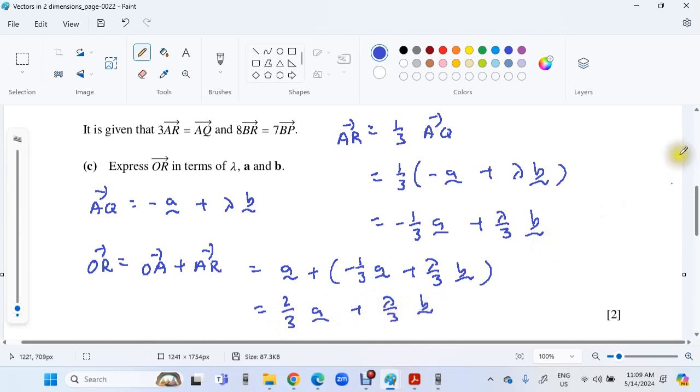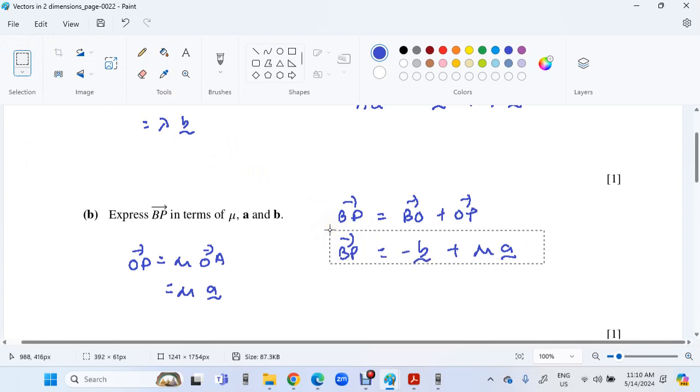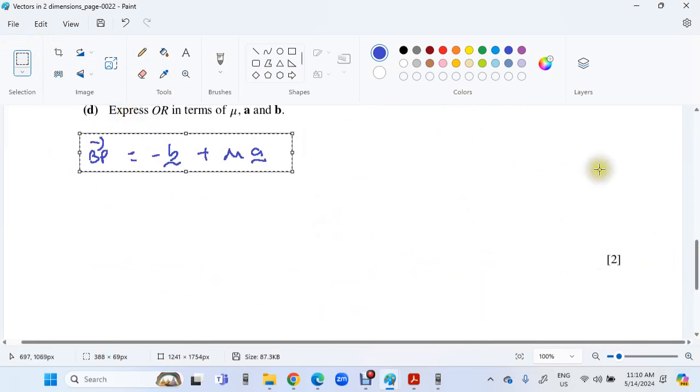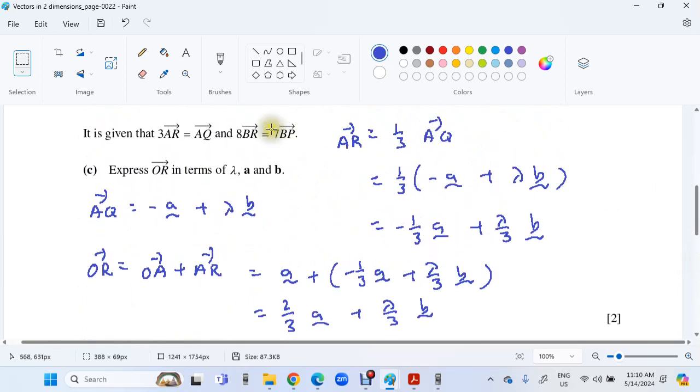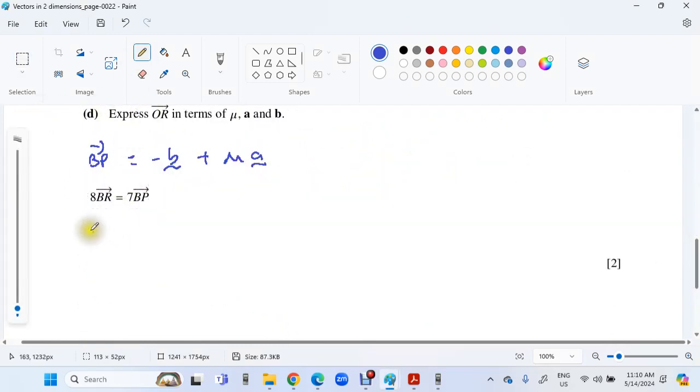Next, we have BP is this. And we also know that 8BR equals 7BP. So BR will be 7 over 8 of BP.